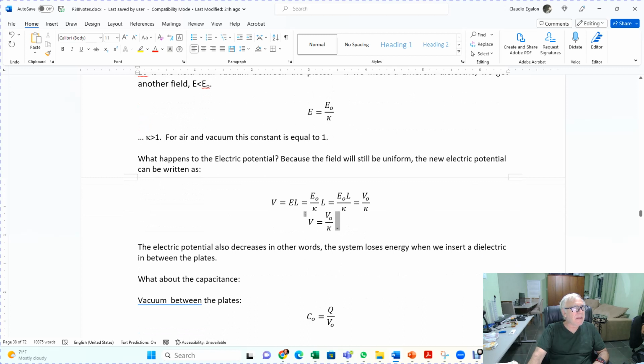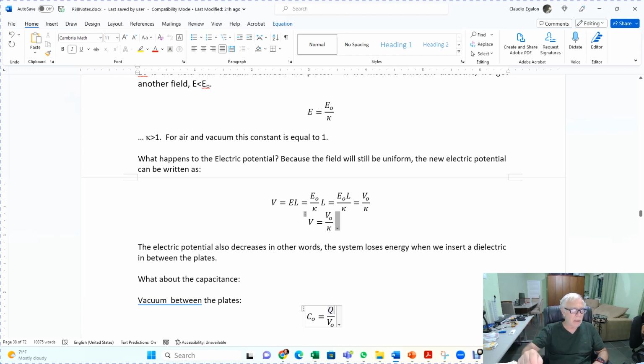What about the capacitance? When you have a capacitance, the capacitance of the capacitor is Q divided by V naught. Q doesn't change. What changes is the electric potential in between.